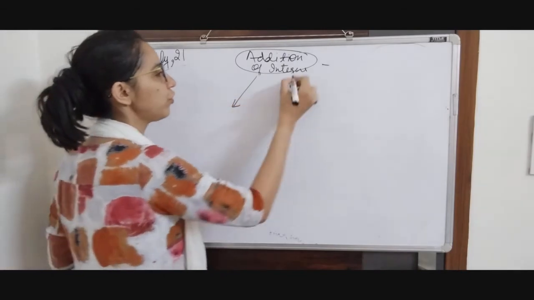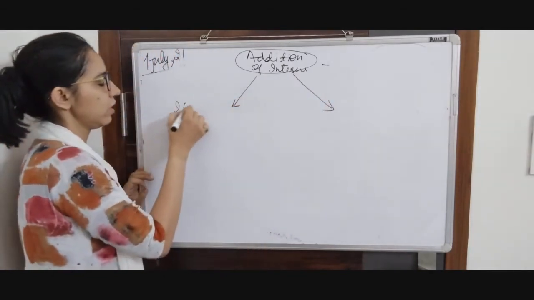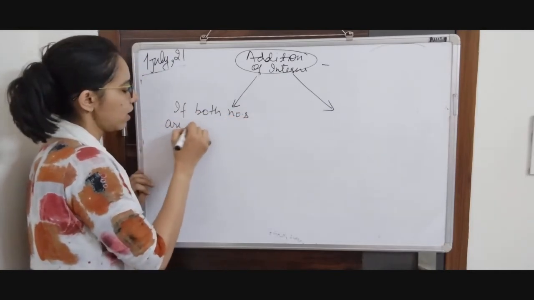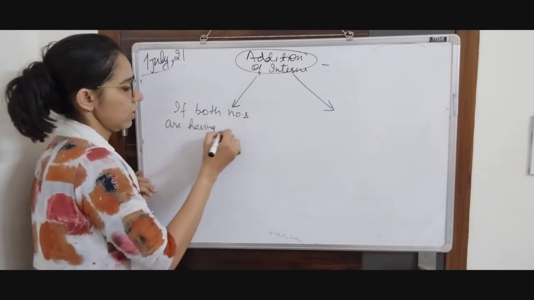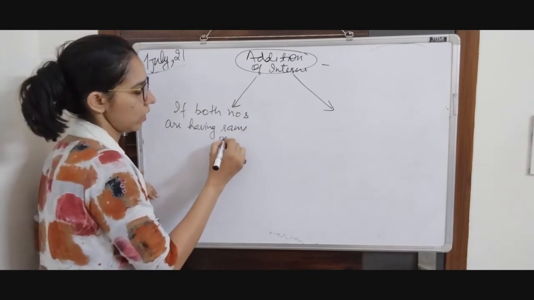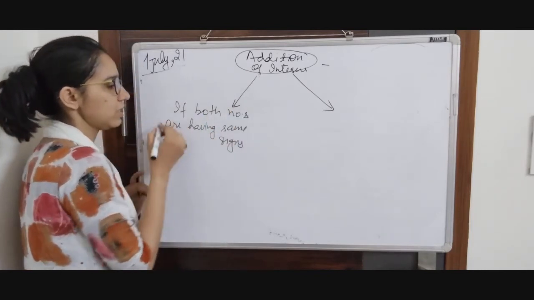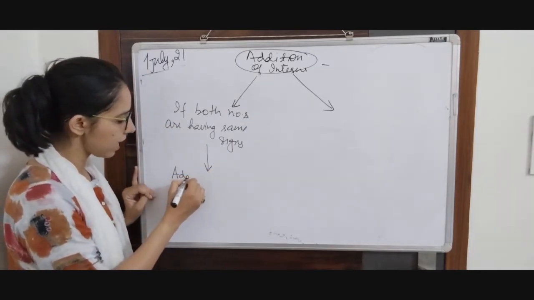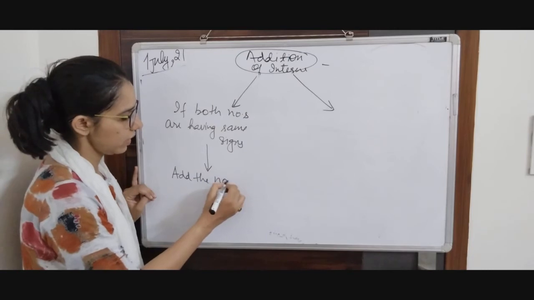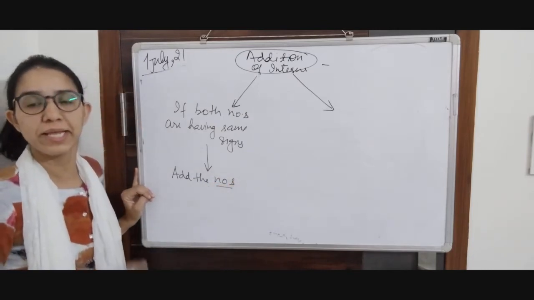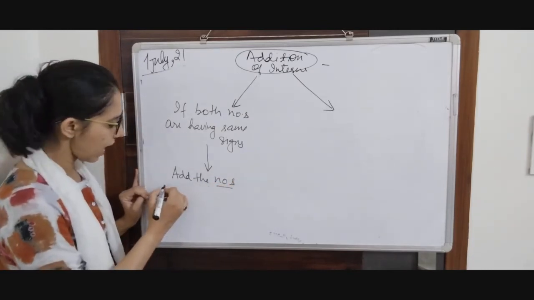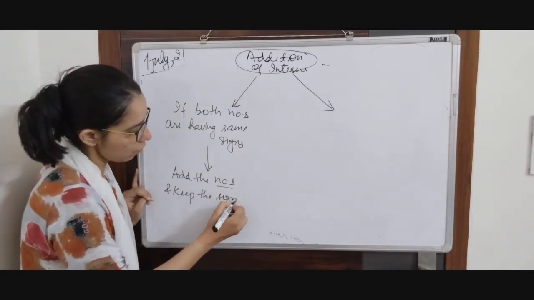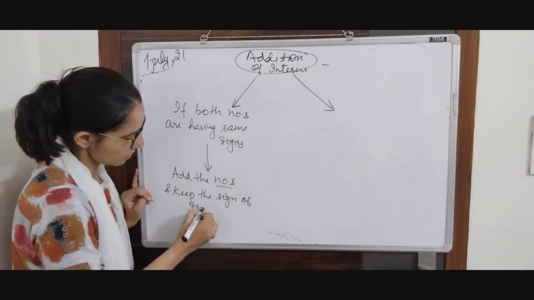If both numbers have the same signs, what I will do, I will add the numbers. I am not writing integers, I am saying add the numbers and keep the sign of the given numbers.